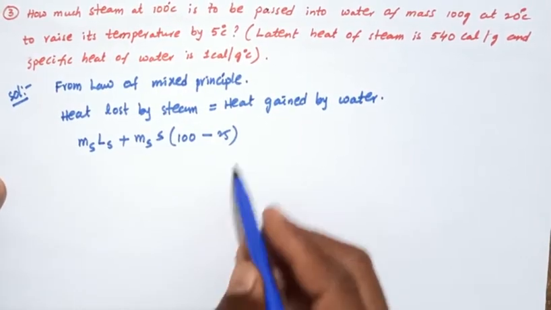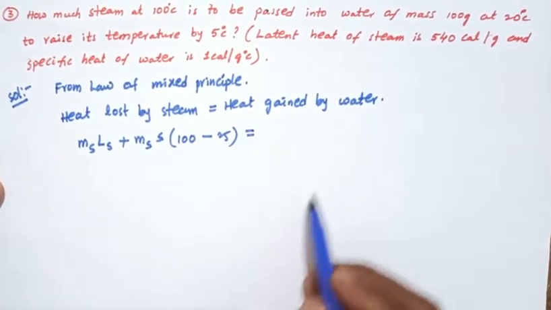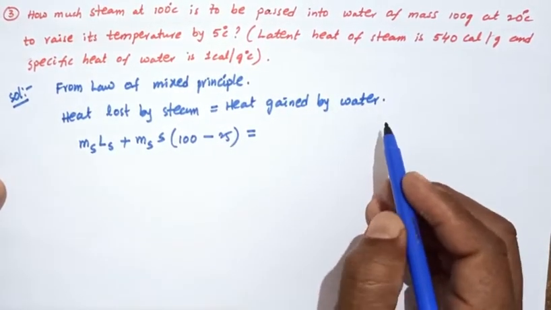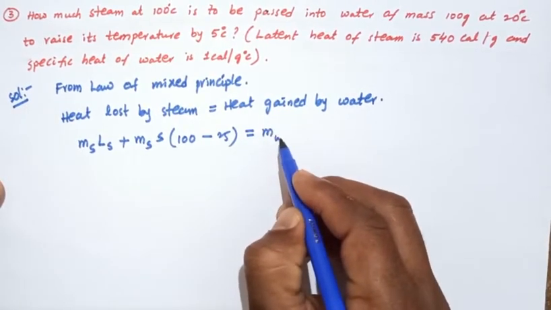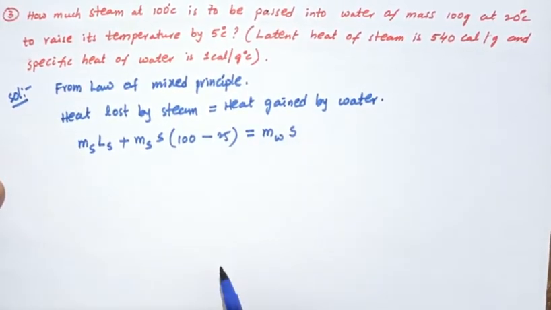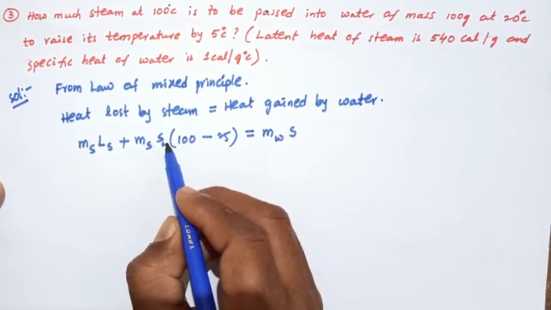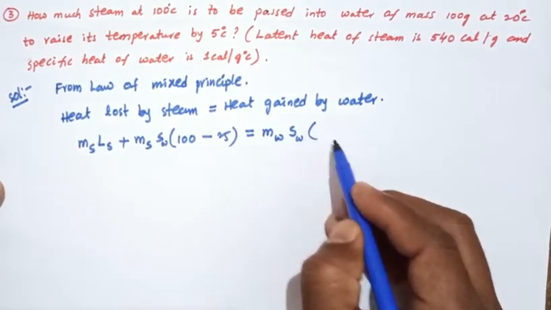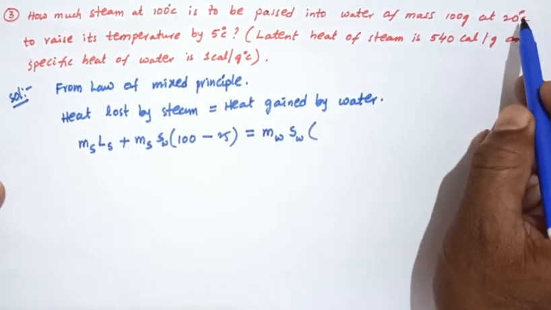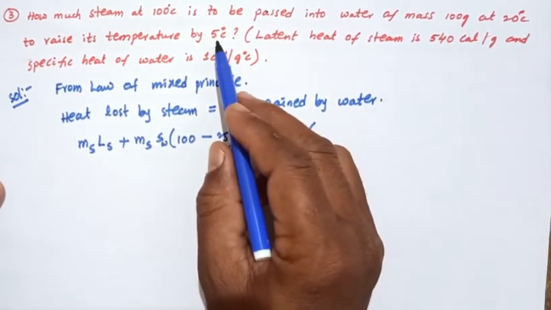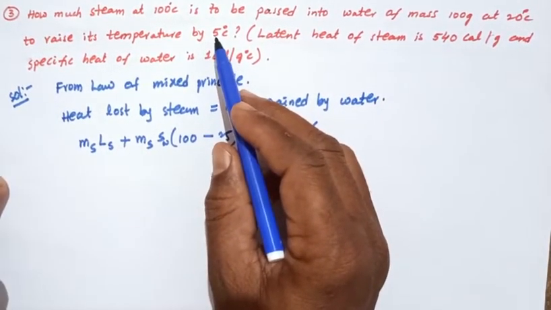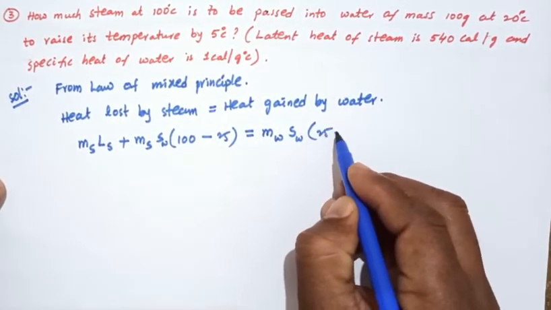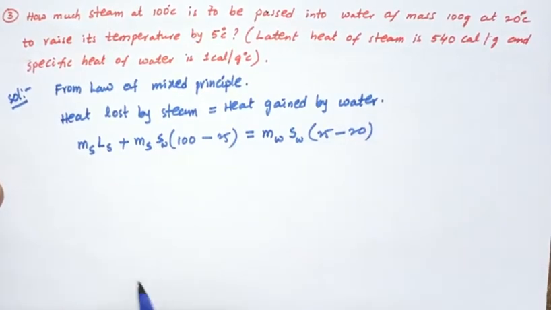That equals the heat gained by water, which is the mass of the water into specific heat of water into the temperature increase, 25 minus 20 degrees Celsius.